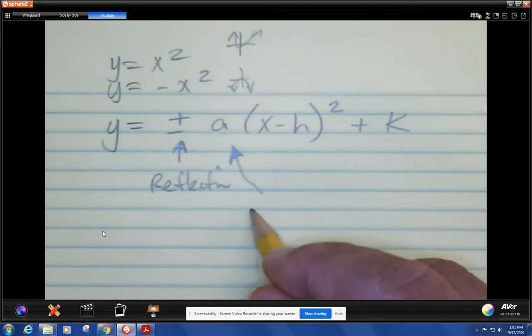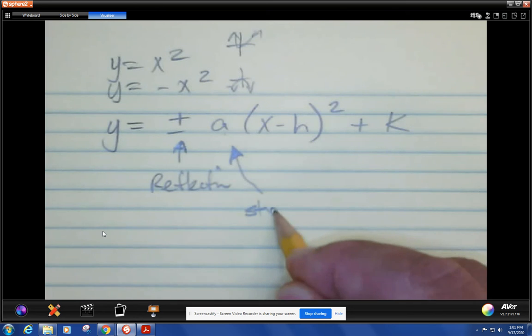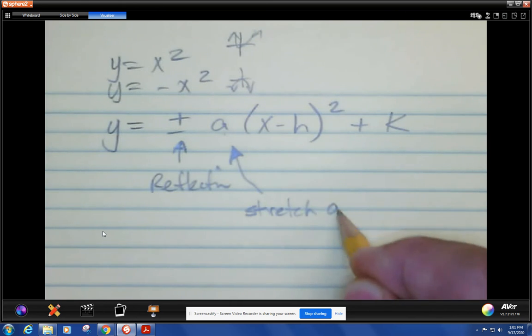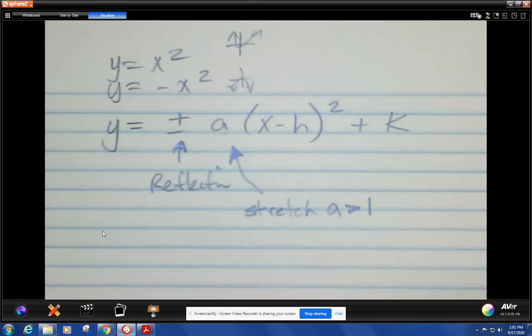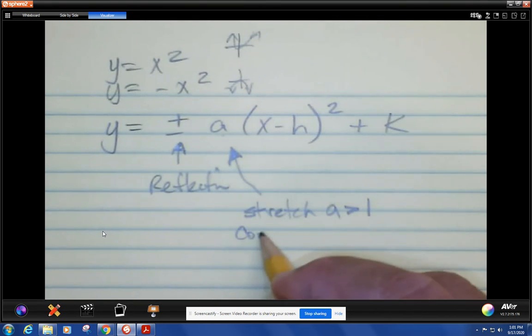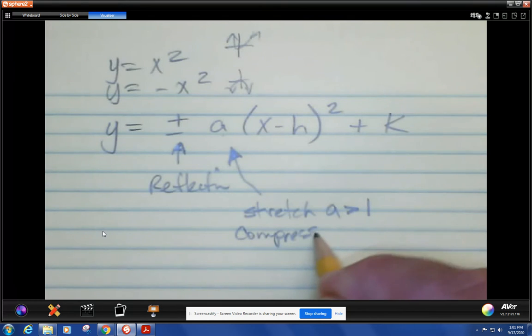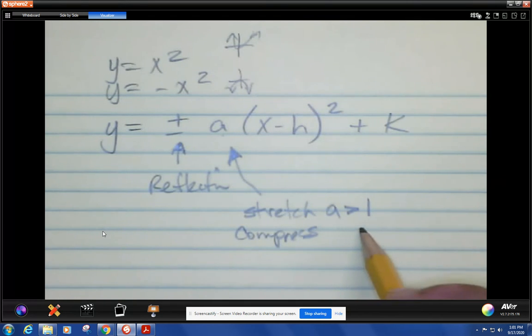So here's what I want you to understand. It is a stretch if A is greater than 1. So any number greater than 1 is going to make that graph stretch. It's going to come closer and closer and closer together toward the y-axis. Whereas it is a compress if A is between 0 and 1.